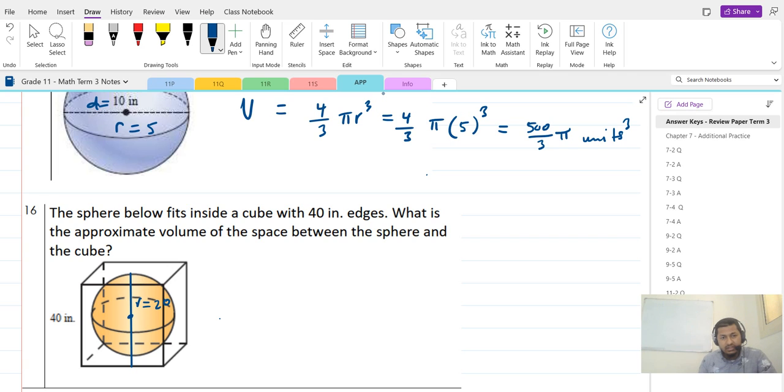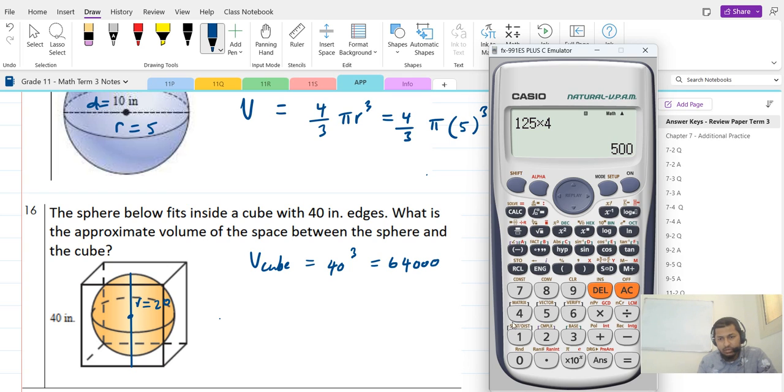So to find the volume of the space between the sphere and the cube, find the volume of the cube first. We say 40 cubed, that should give you 64,000. Let's check it. 40 to the power 3, 64,000, right?